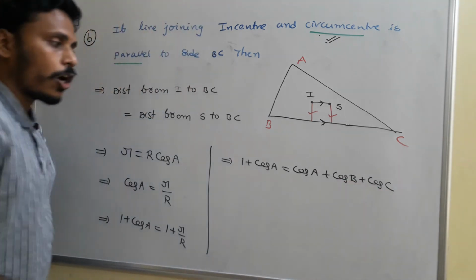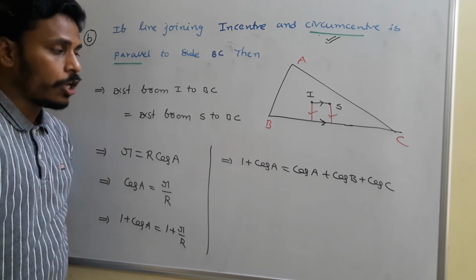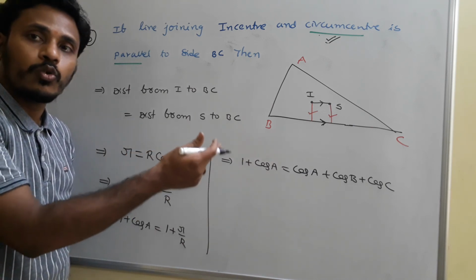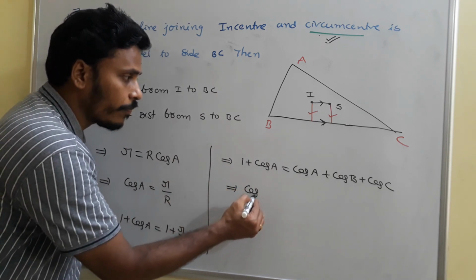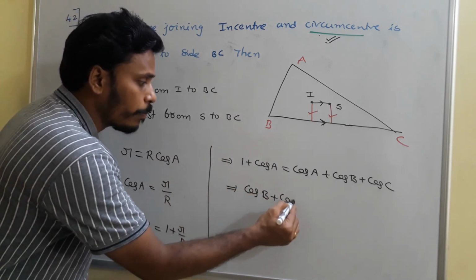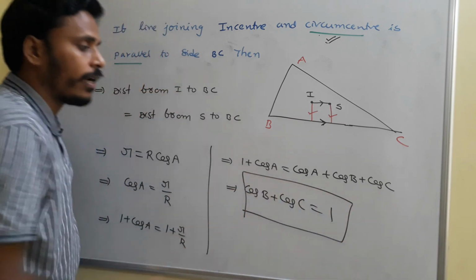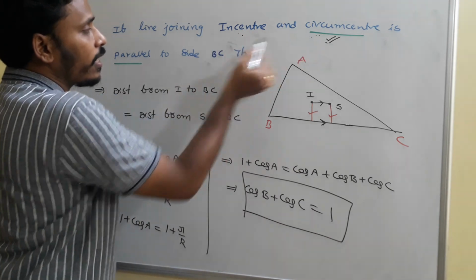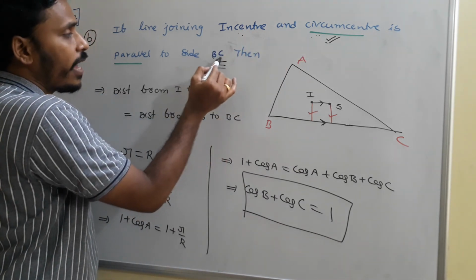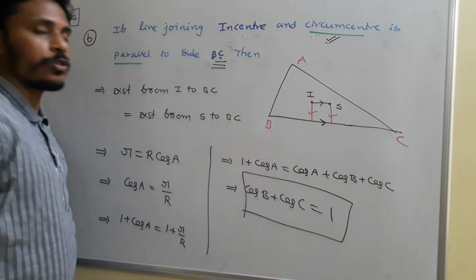So 1 plus cos A is equal to cos A plus cos B plus cos C. If you cancel out that cos A, you will get that cos B plus cos C is equal to 1. That's the ultimate idea. If the line joining incenter and circumcenter is parallel to side BC, then cos B plus cos C is equal to 1.